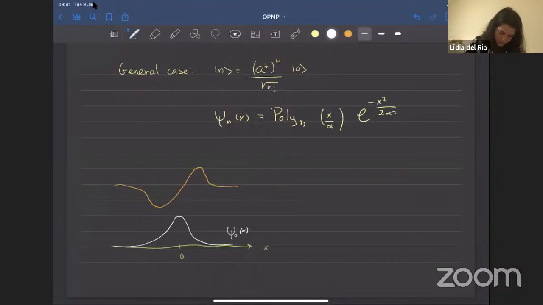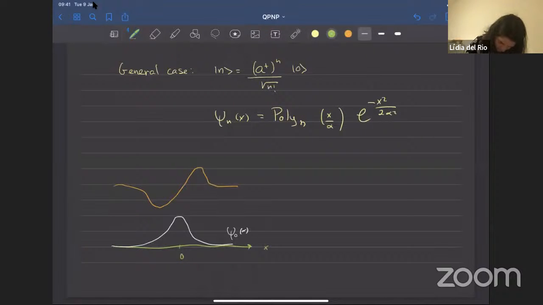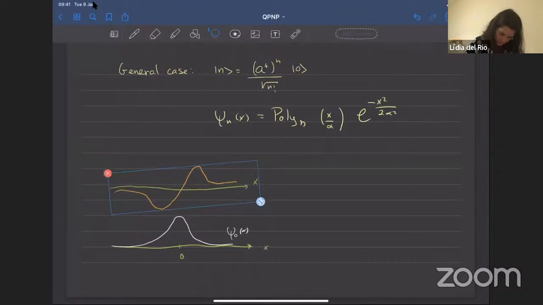Well, let me just write down the axis again. This is x. Good. It looks like this.